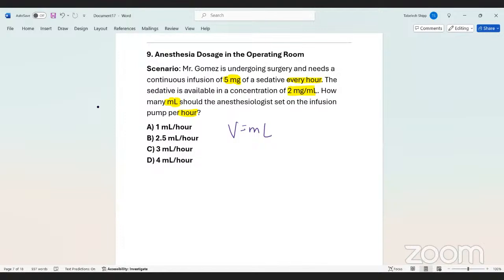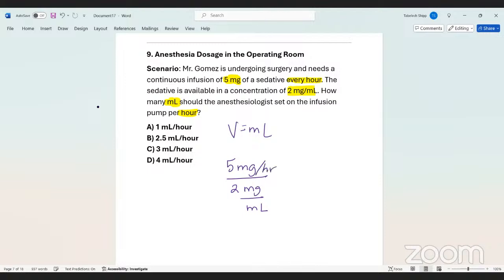You're going to say, okay, well, 5 milligrams. That's what they initially told you. And then on the very bottom, it says 2 milligrams per milliliter. Okay, so again, you're doing 5 milligrams of sedative every hour, right? Every hour.